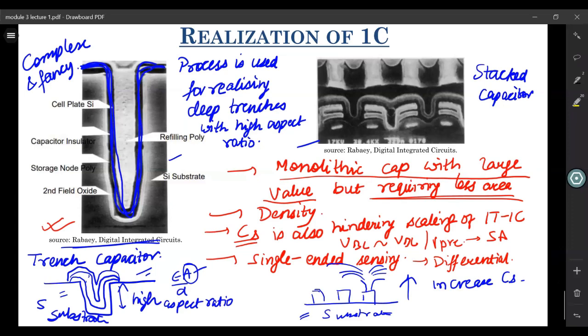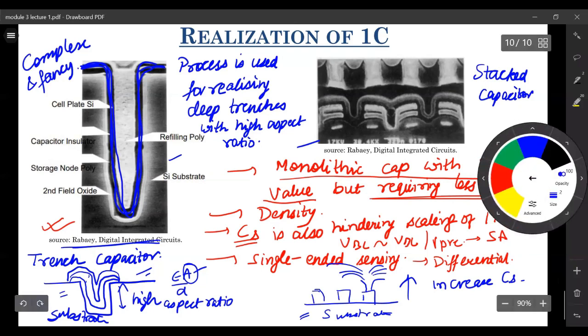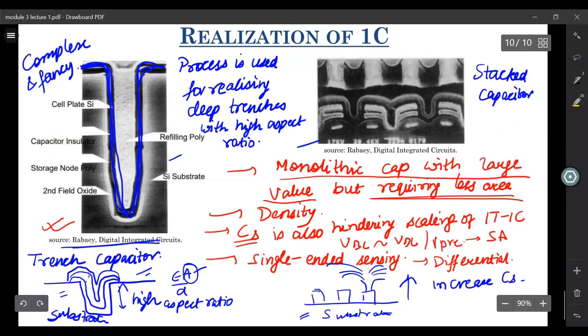Okay, and one more thing: this trench capacitor 1T DRAM has an entirely different technology as compared to your logic technology. If you remember, I once discussed that your DRAM technology is different as compared to your logic technology.